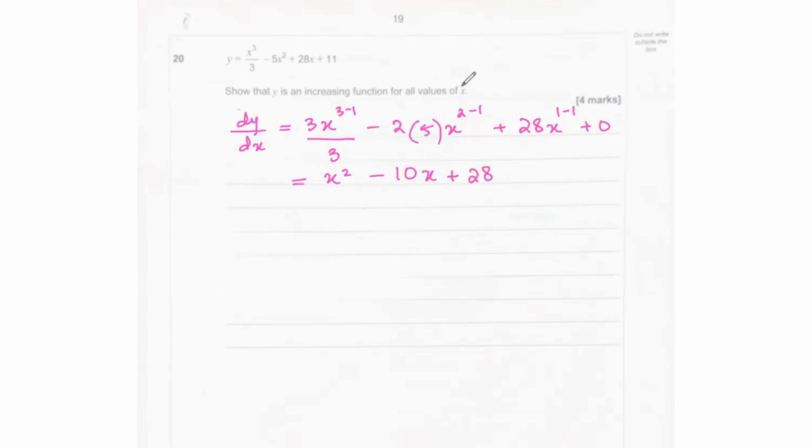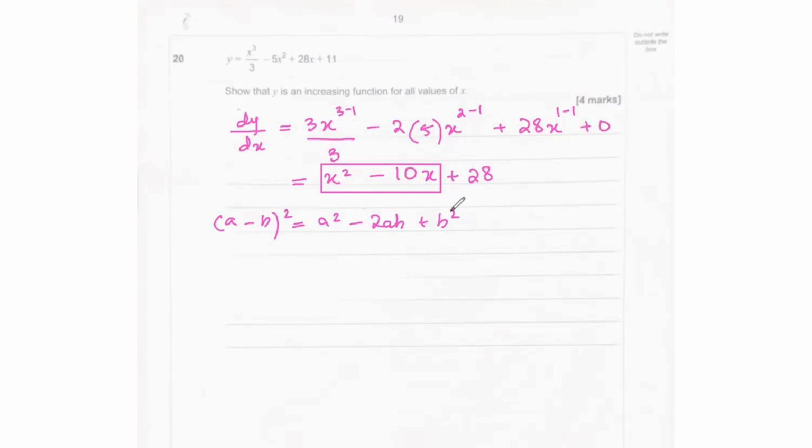To show that y is an increasing function, we convert the dy by dx into completing square form. To convert to completing square form, we need to remember the square that we're trying to complete. A square looks like a minus b whole squared, which is a squared minus 2ab plus b squared. We have our a squared, we have our minus 2ab, but we don't have our b squared.